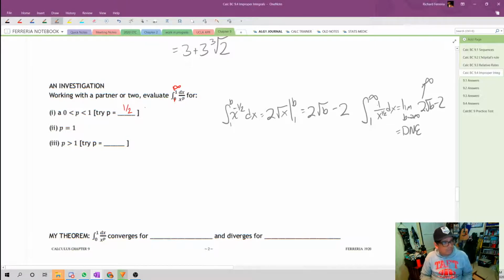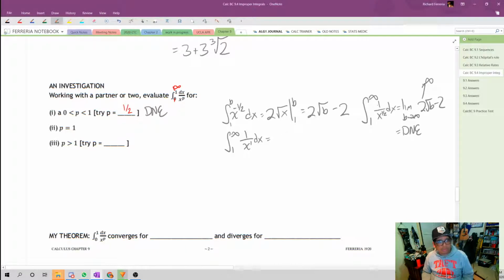So, does not exist. How about when p is equal to 1? What is the integral from 1 to infinity of 1 over x to the first power dx? Well, p is equal to 1.